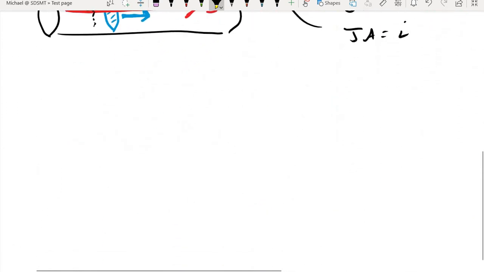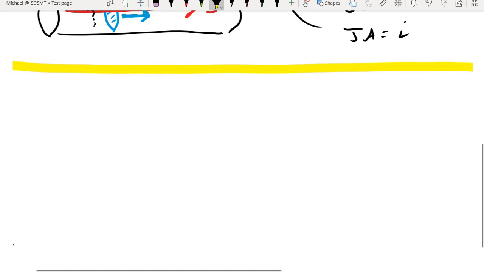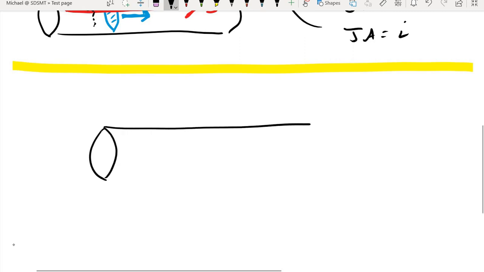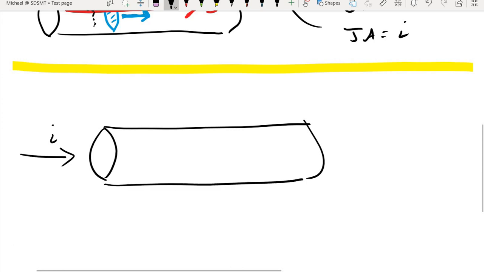All right, so the next thing we want to consider, whoops, change my pen color here. Now that we have these charges that are moving through our conducting material, so I have some current that's going to bring some charges in.